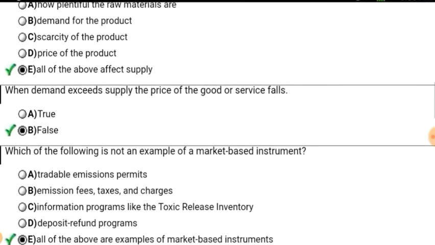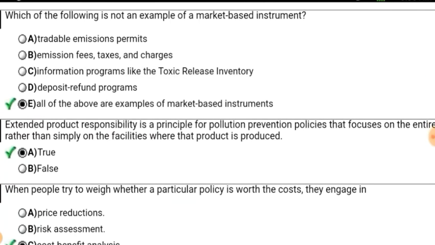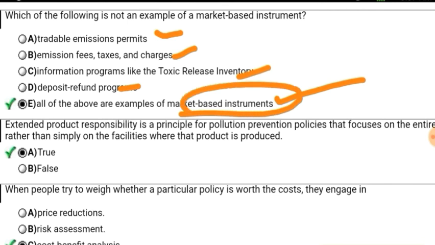Next, which of the following is not an example of a market based instrument? Tradable emissions permits, emissions fees, taxes and charges, information programs like the toxic release inventory, deposit refund program. All of the above are examples of market based instruments.